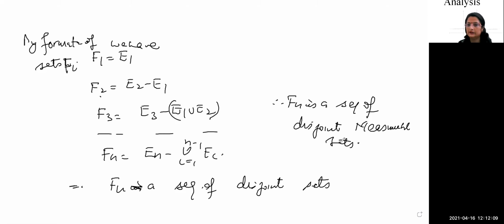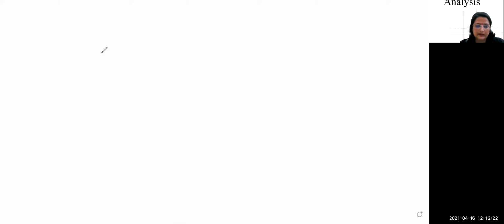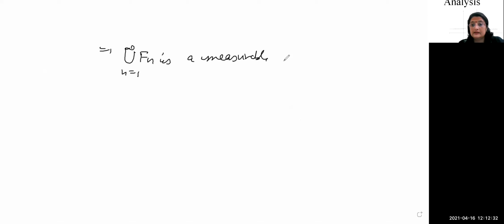So we will use that theorem here. क्योंकि इस क्वेश्चन में हमें EI's डिस्जॉइंट नहीं दिए हैं, हमने एक ऐसा सेट बना लिया, उस सेट के जो सारे मेंबर्स हैं वो म्यूचुअली डिस्जॉइंट हैं और वो मेजरेबल हैं. Then by applying the previous theorem, union n running from 1 to infinity Fn is a measurable set.